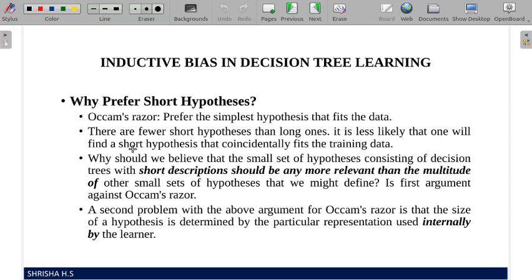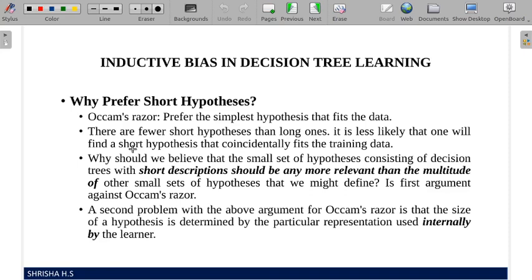Okay, so the next argument is an argument against. It says, okay, it's a short description, but what is the guarantee that short is good? Why should we believe that a small set of hypotheses consisting of decision trees with short description should be any more relevant than the multitude of other small sets of hypotheses that we might define?